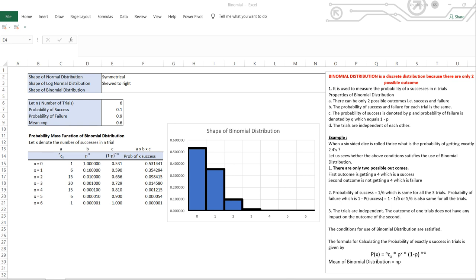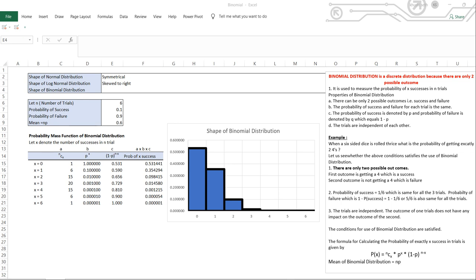Last but not the least, the trials are independent, in the sense that the outcome of the first trial will have no bearing on the outcome of the second trial. So we can apply the binomial distribution, and we can use the following formula to calculate the probability of exactly two successes.